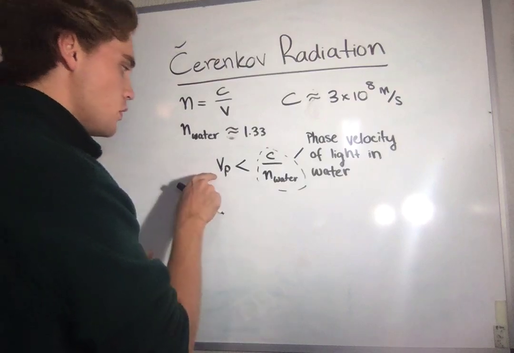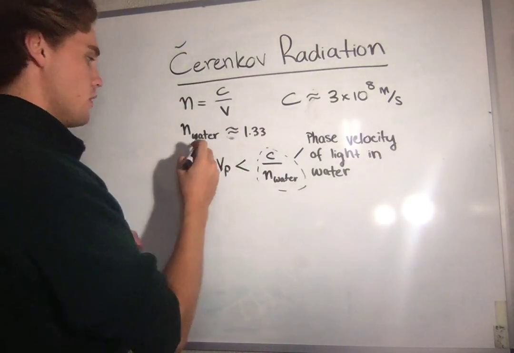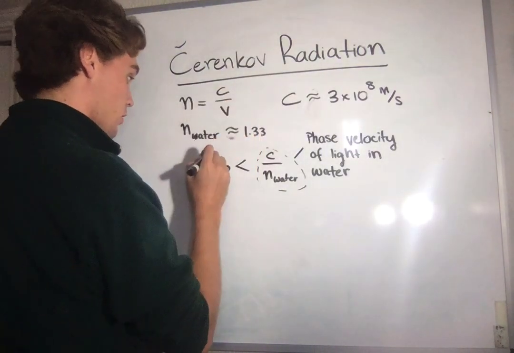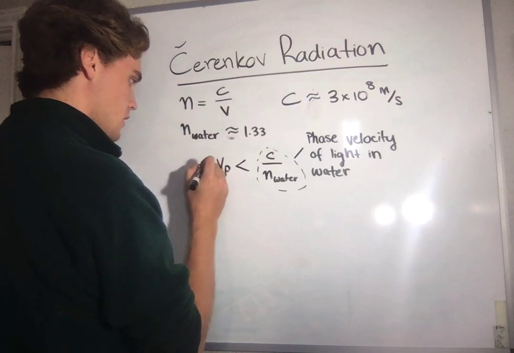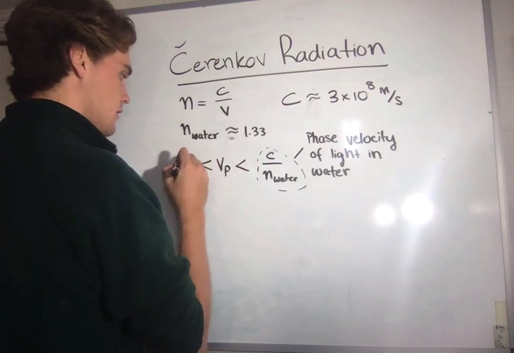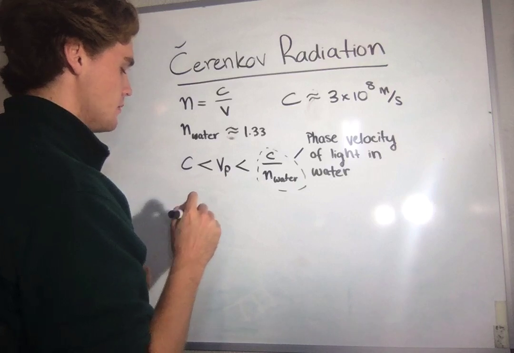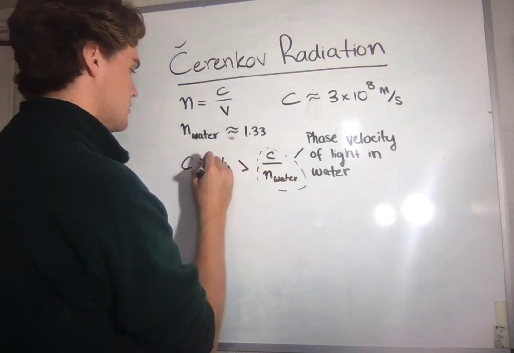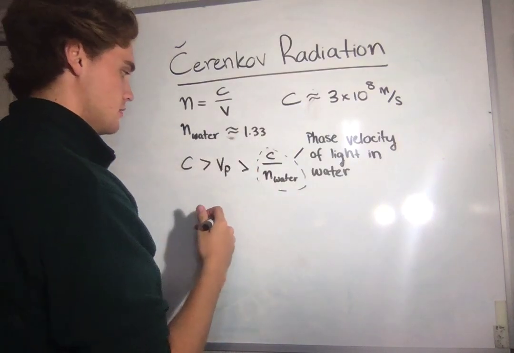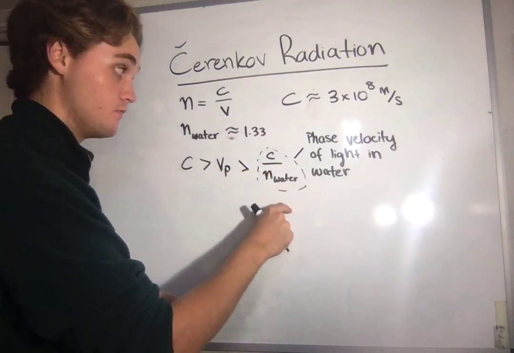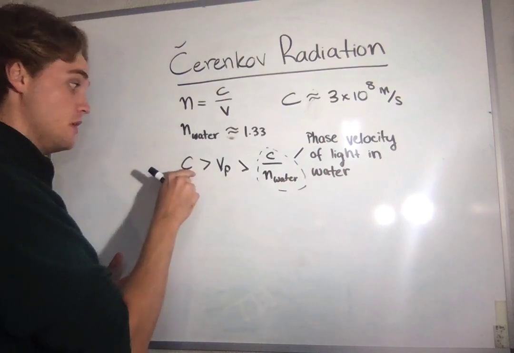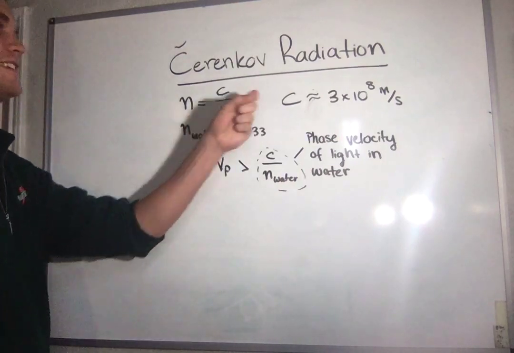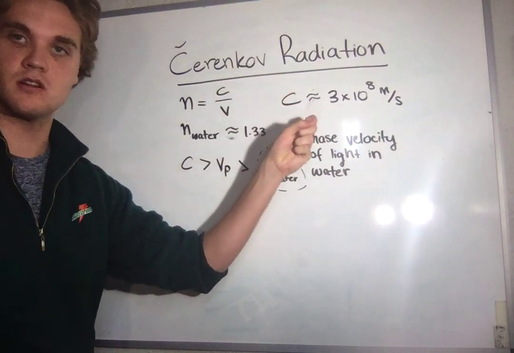If I'm going faster than the phase velocity of light in water, but I'm still going slower than c, I'm sorry, these are backwards. Alligator eats the bigger fish, okay? Vp is greater than the phase velocity of light in water, but Vp is still less than c, less than 3 times 10 to the 8 meters per second.